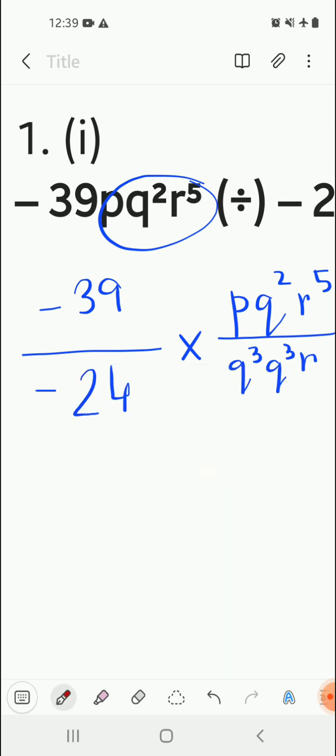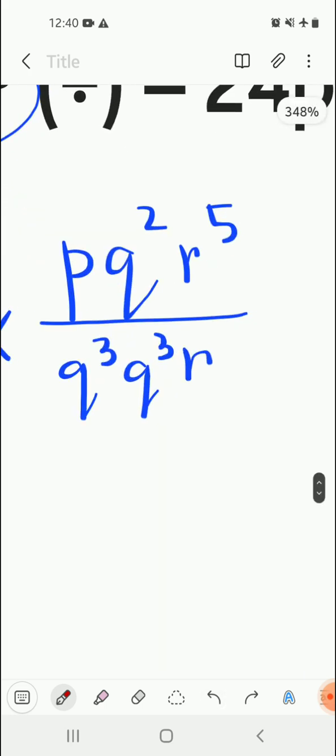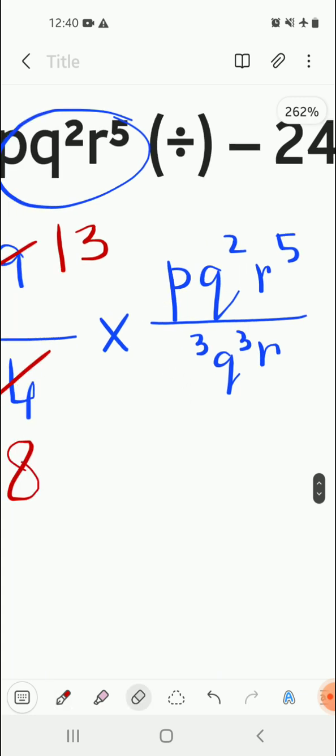Both can be divided by 3. 8 into 3 is 24 and 13 into 3 is 39. The minus sign gets cancelled. Now we have got 13 and 8, which will not be cancelled anymore because 13 is a prime number.